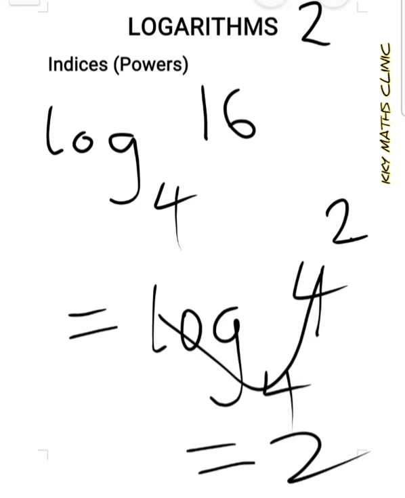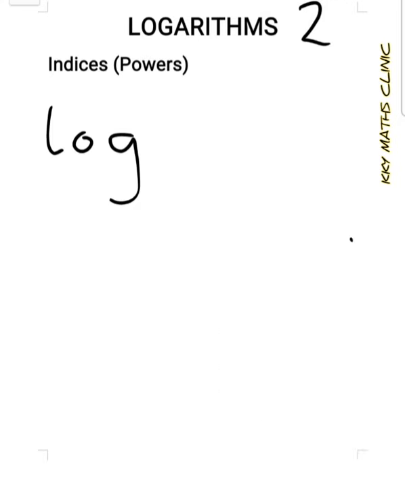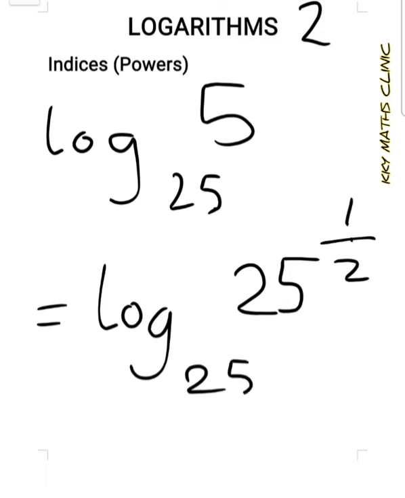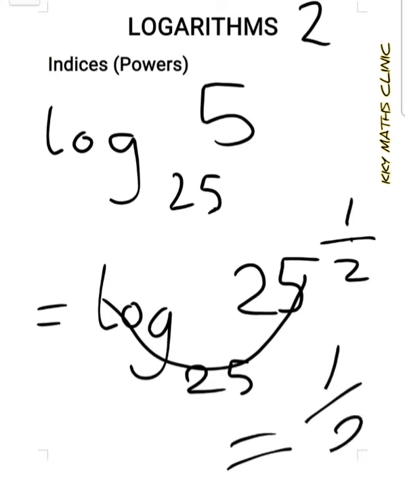Okay. Now log 5 base 25. I have this as log 5 is the same thing as 25 raised to the power of 1 over 2 base 25. Base and argument are the same. The answer is 1 over 2.